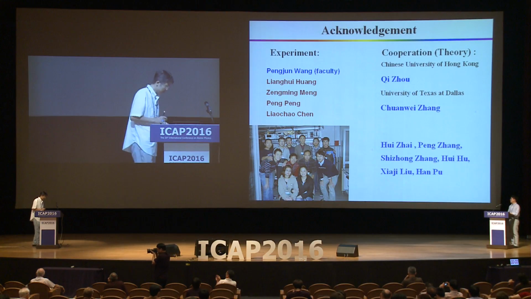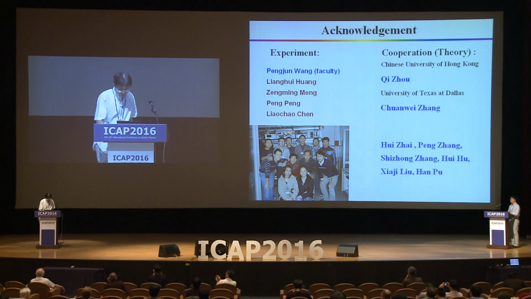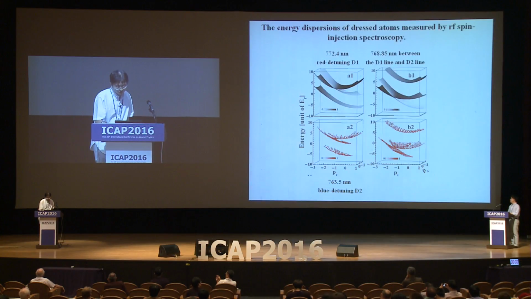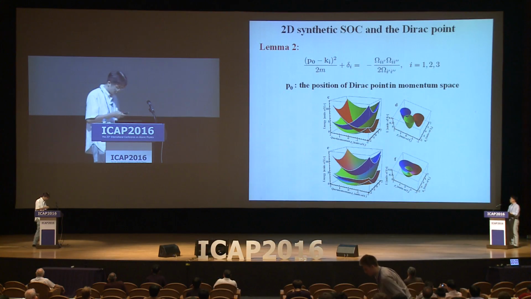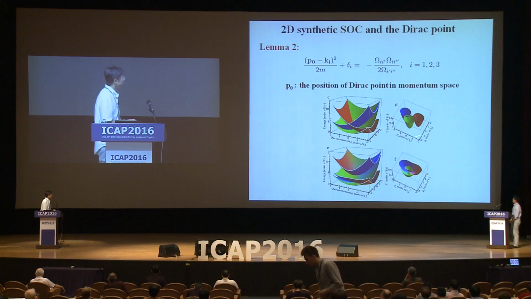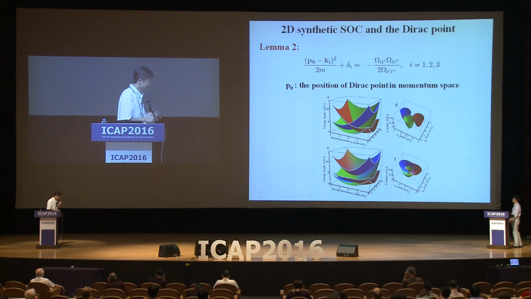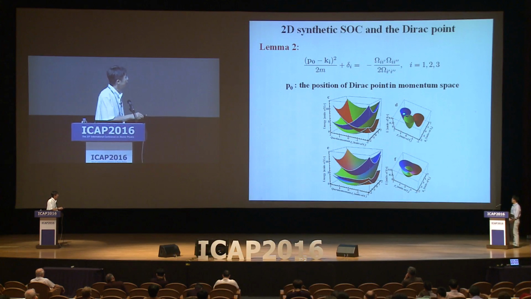In our case, in the continuous trap potential, it is easy to understand. Let's see this picture. We use the 3 ground states. As we know, 1D Raman coupling opens this gap between these two.